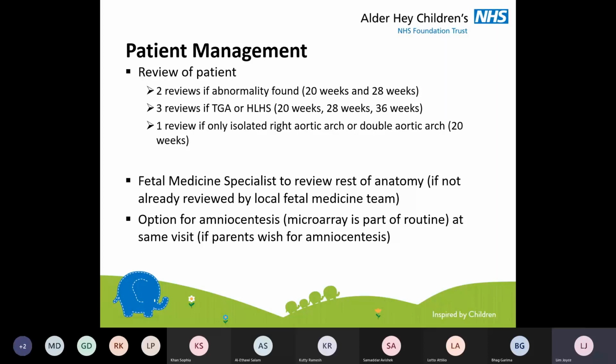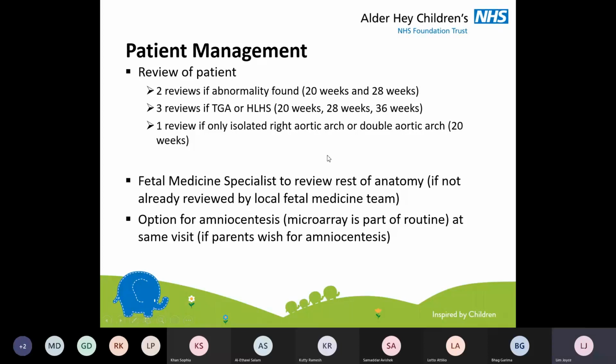There are some units who will see patients for three visits, irrespective of whatever the underlying cardiac condition is. I think we need to weigh the pros and cons for all this, including capacity as well as demand for the limited fetal cardiac slots, but that is a separate topic to be discussed.